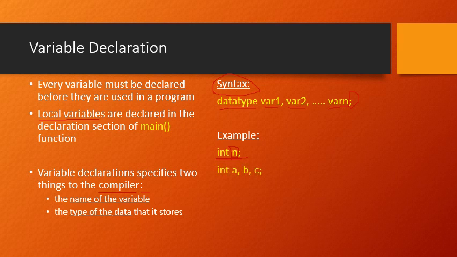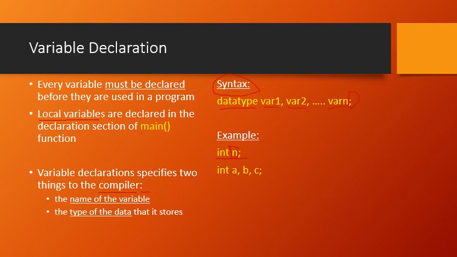Now the second example: int a, b, c and a semicolon. This semicolon is a must. At the end of every statement we have to provide a semicolon in order to terminate that statement.